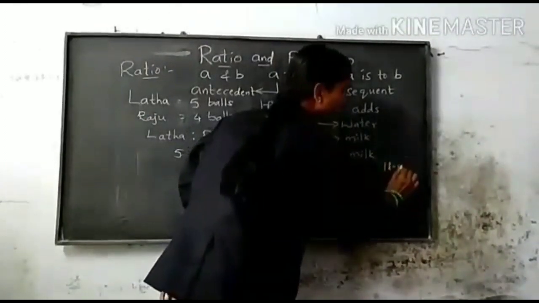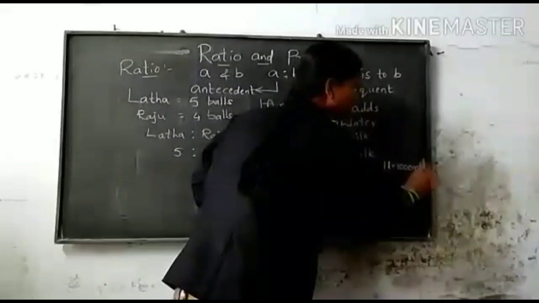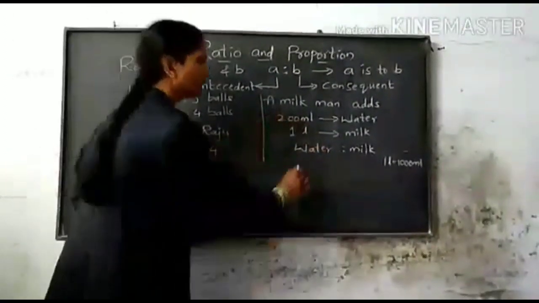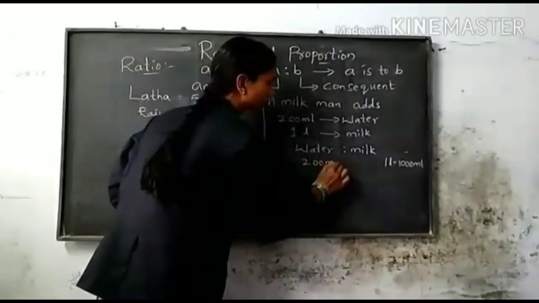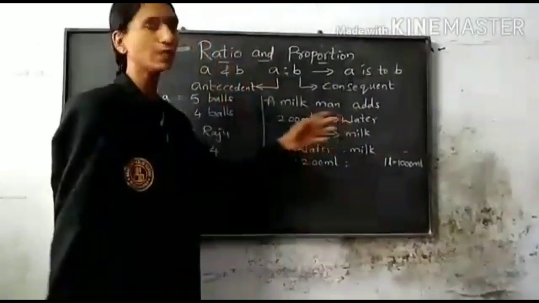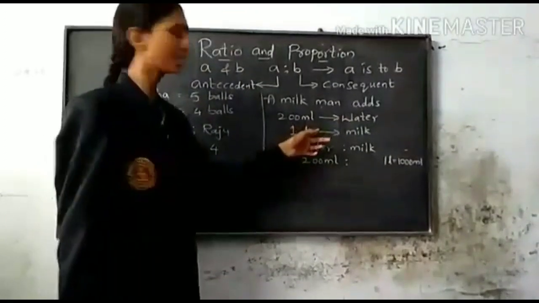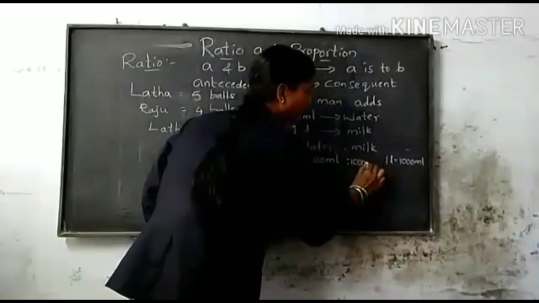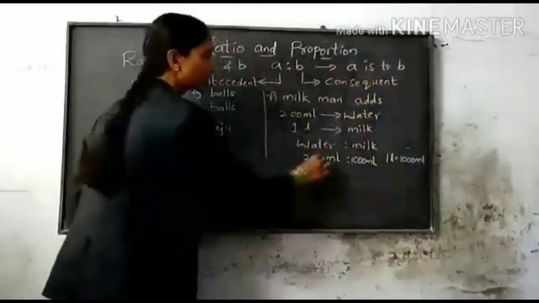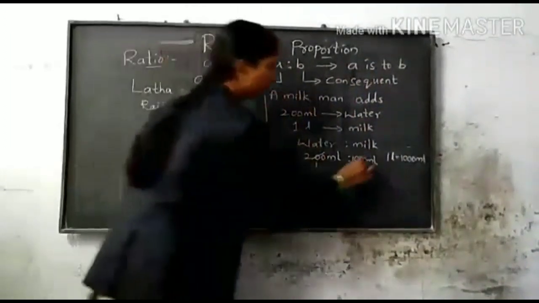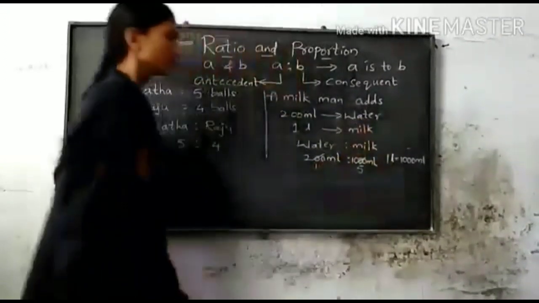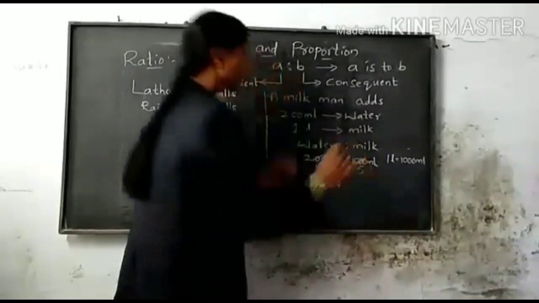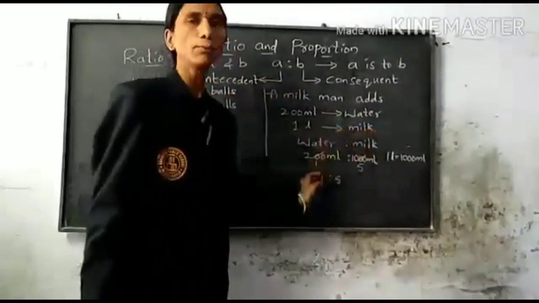The quantity of water is 200 ml and the quantity of milk is 1 liter, which we take as 1000 milliliters. Now, cancellation: 200 ones are 200, 200 fives are 1000. This is the answer, 1 is to 5. It is the ratio of water to milk.